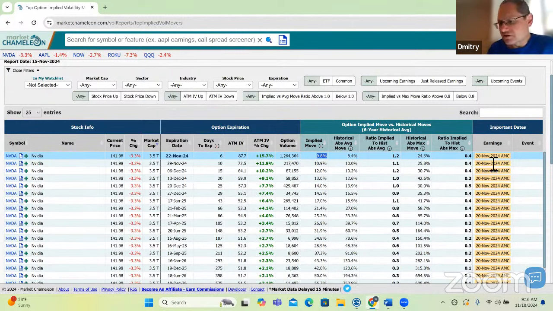Obviously options expirations can cover certain events that we may be able to anticipate that create more volatility. One is earnings. So over here we list next earnings when we detected it. Here NVIDIA is expected to report earnings November 20th after the market close, which would explain a higher implied vol.